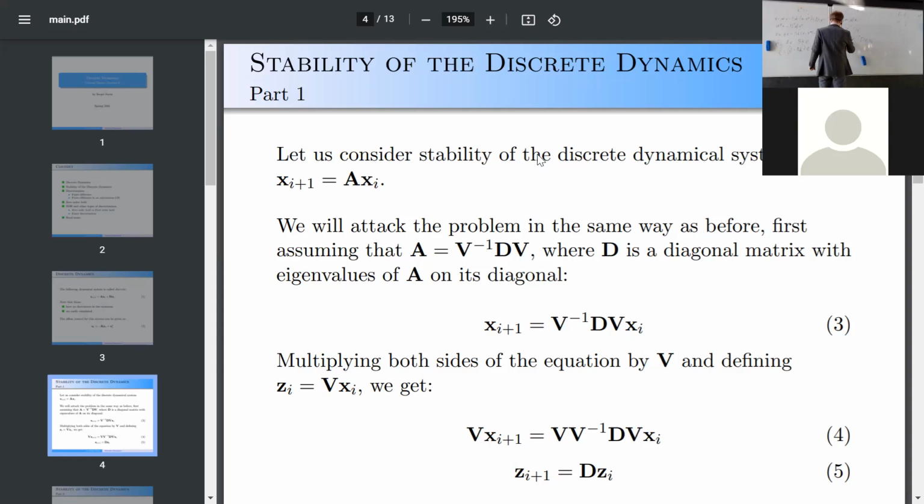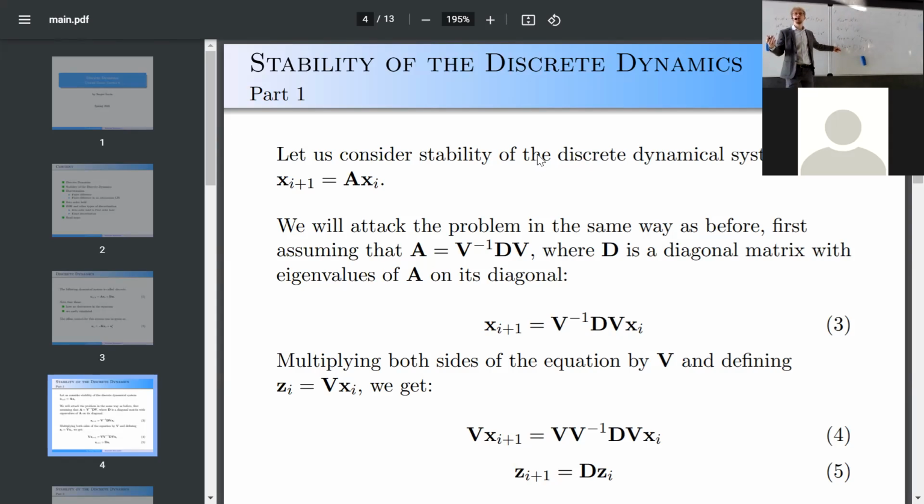So I multiply everything by V. I can do it because V is an invertible matrix, as you can clearly see from this expression. Since V is invertible, I can do this. Okay. So far, so good.